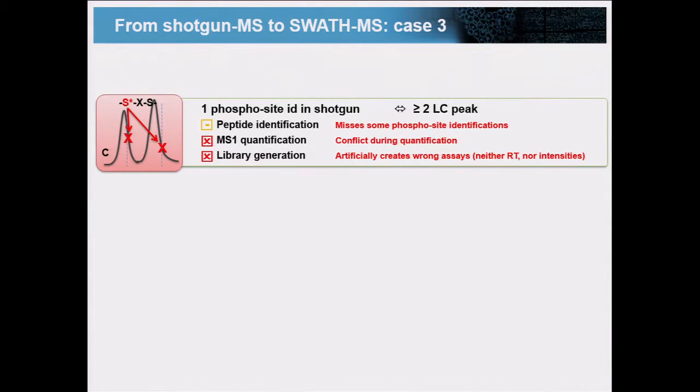Sometimes we would be quantifying this peak and sometimes we would be quantifying this peak. And when we're doing library generation, we will also have a problem, because we would generate a library that sometimes has this retention time, and sometimes has this retention time. We would average these retention times, and actually we get an assay in the middle that doesn't match any of them. So we have a wrong assay for two peaks and we don't know what's going on.